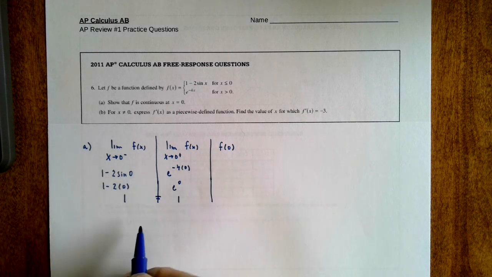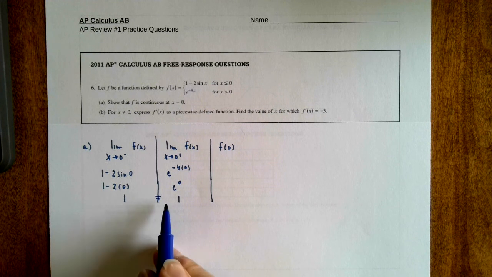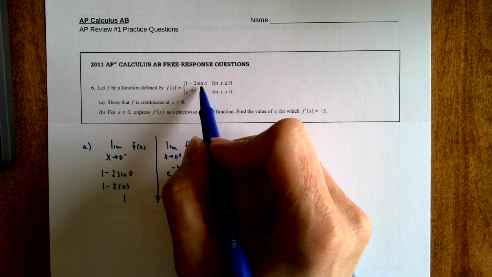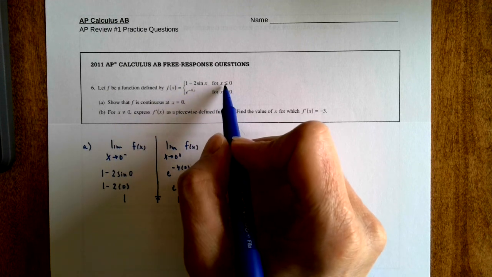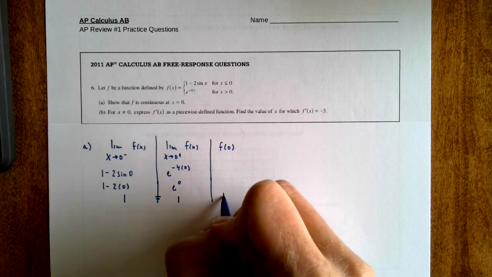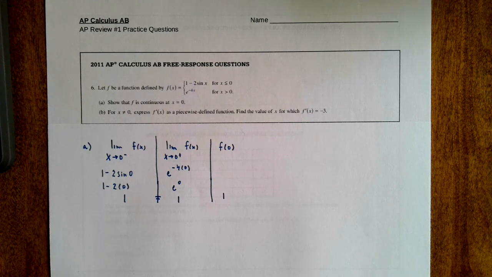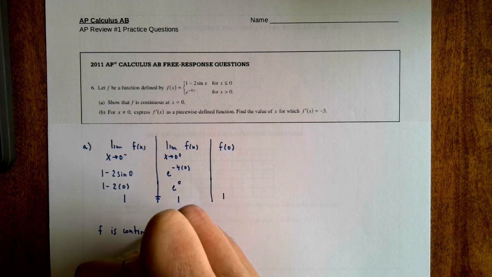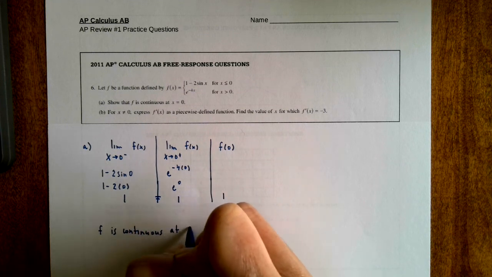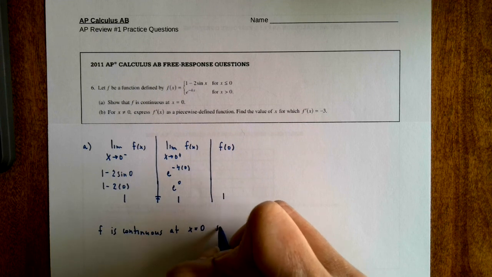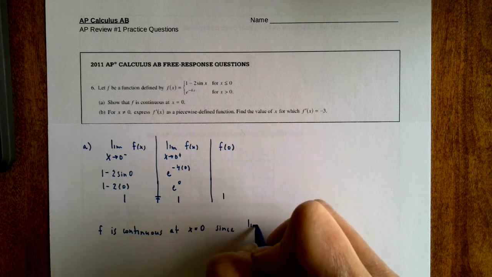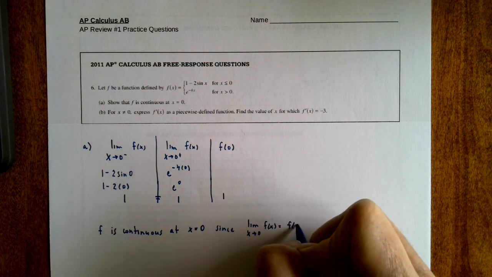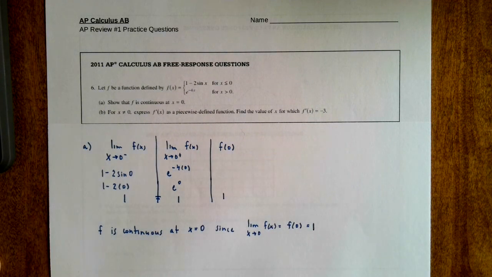So far we know that the limit exists because the left hand and the right hand limits are equal. Now f of 0 is actually just the same as our left hand limit because that was where x is less than or equal to 0, and that value was 1. So now we can just say that f is continuous at x equals 0 since the limit as x approaches 0 is equal to f of 0, and those equal 1.